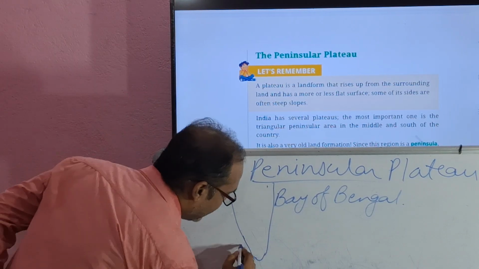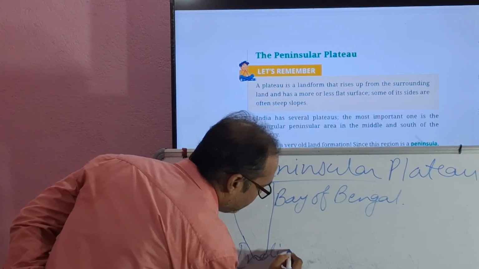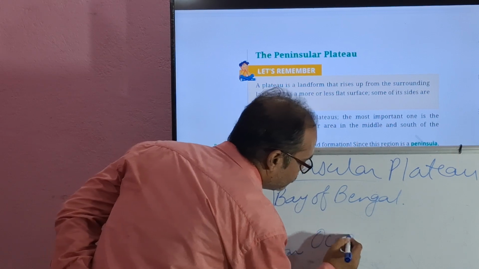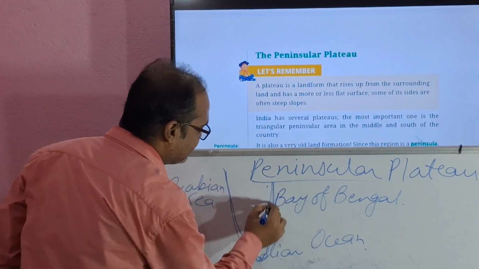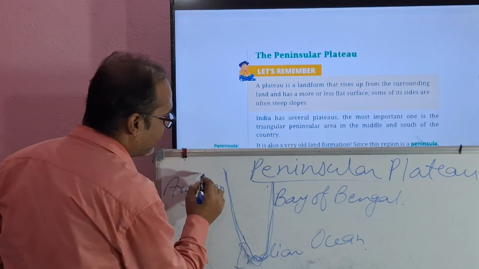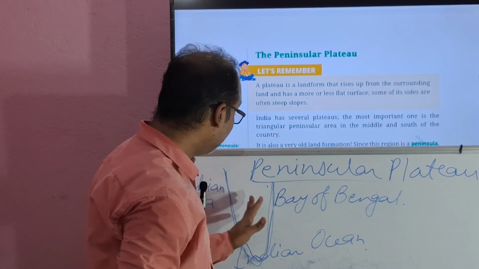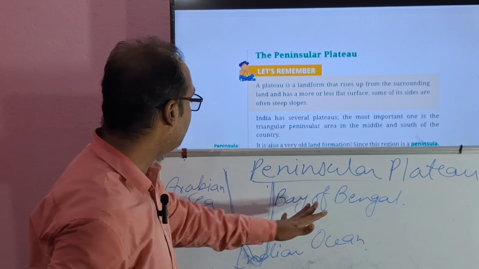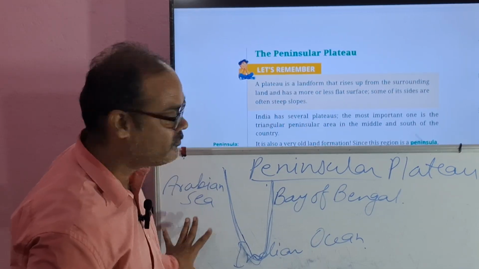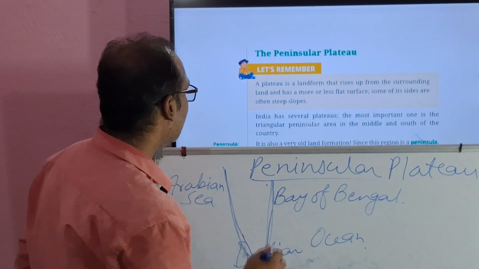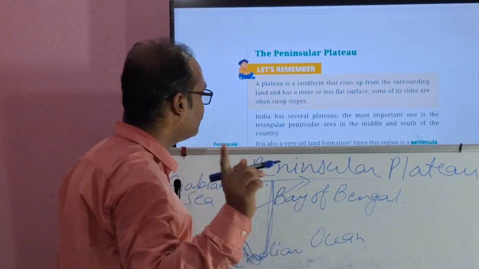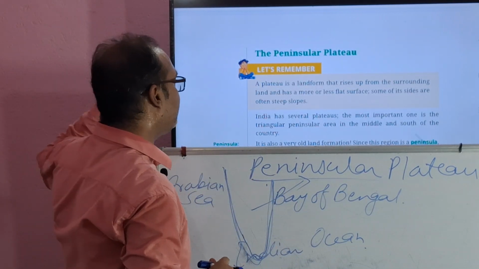Then we have the Indian Ocean. So you can see here, this area is surrounded by water from three sides, not bounded, surrounded. We call it peninsula.